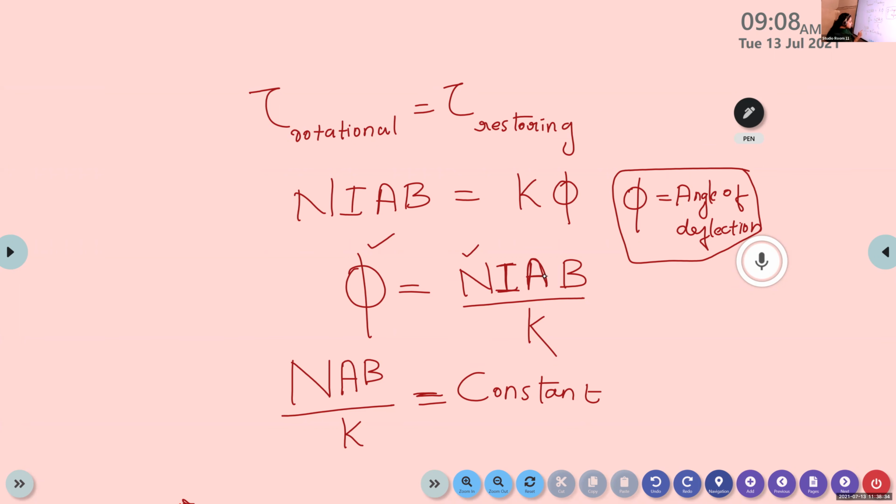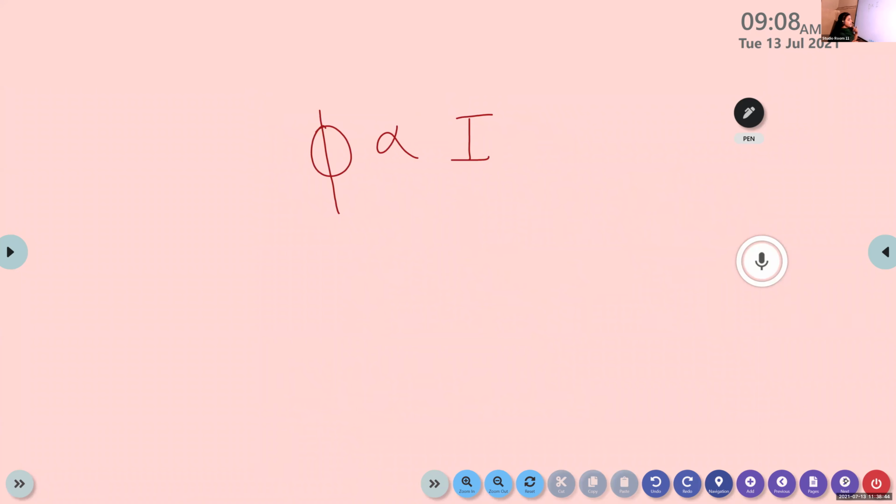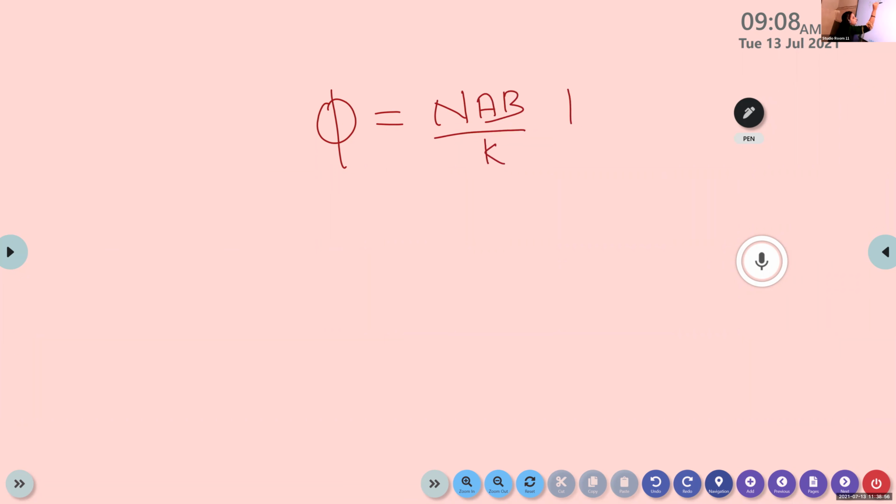So in this equation, NAB divided by K are constants. Then what is left in this equation? Only I. So we can write phi is directly proportional to I. That is, phi is equal to NAB by K into I, where NAB by K is a constant.